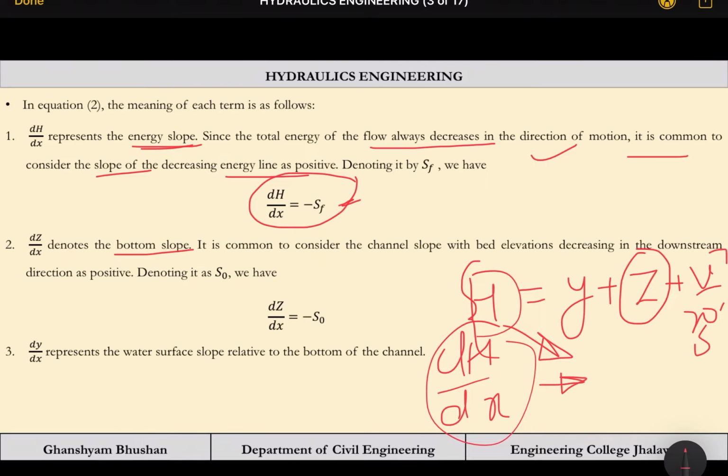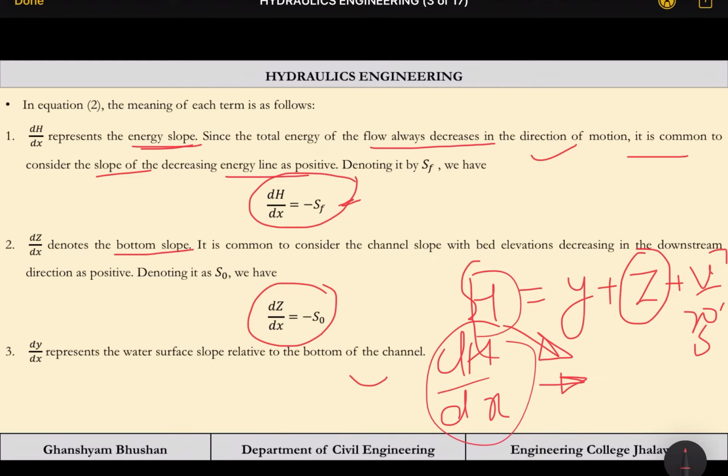In the direction of flow the elevation will decrease, then only the flow is possible. We have to take advantage of gravity. So this will also be negative, and we are taking it as minus S naught.